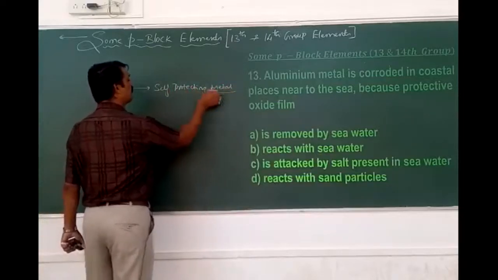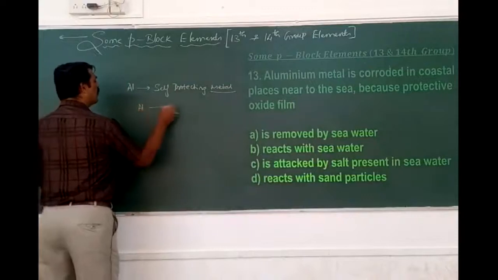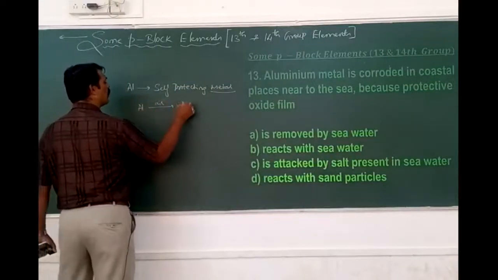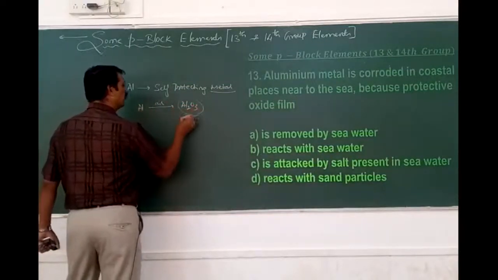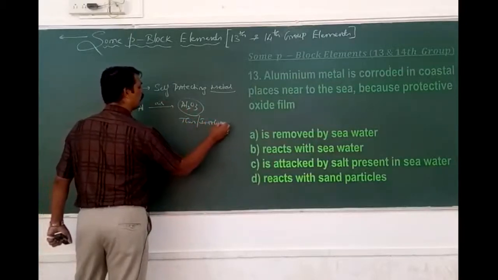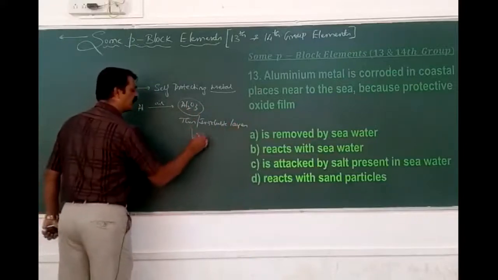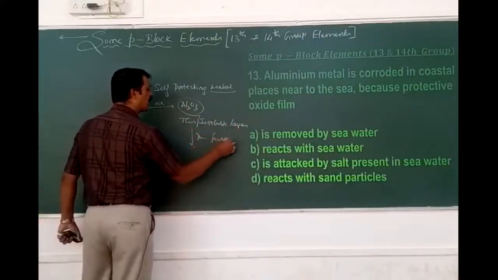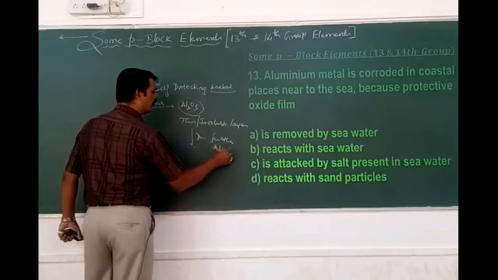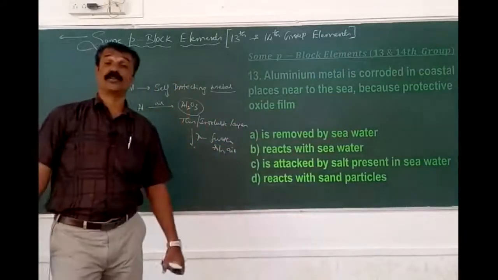It's the best example for a what? Self-protecting metal, because when aluminium gets exposed to the air, it forms a thin and then insoluble layer of which oxide? Which prevents the further reaction with the air. That is why aluminium is the best example for a self-protecting metal.